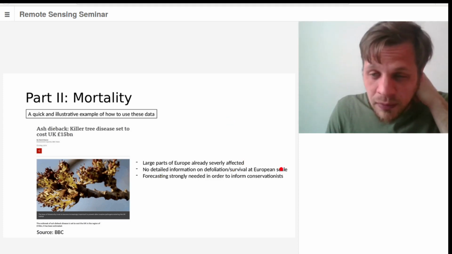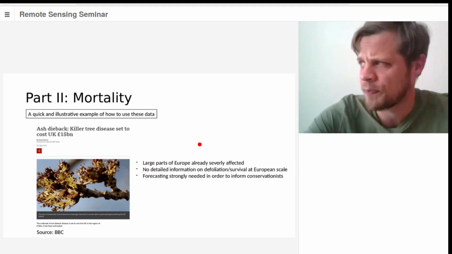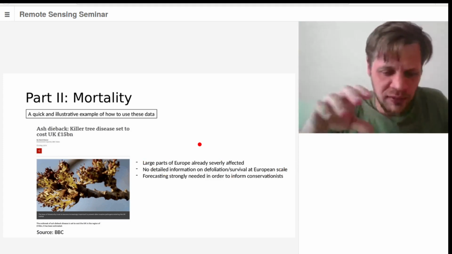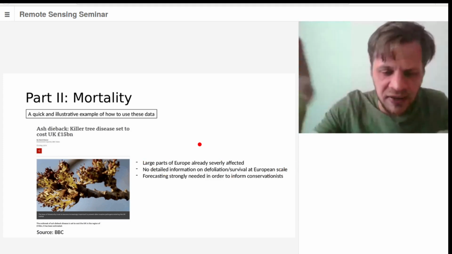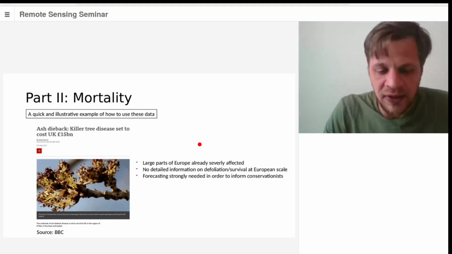Some single countries also used national forest inventory data, but this is very mosaic data, so every country is reporting a little bit. The national forest inventories vary from country to country.